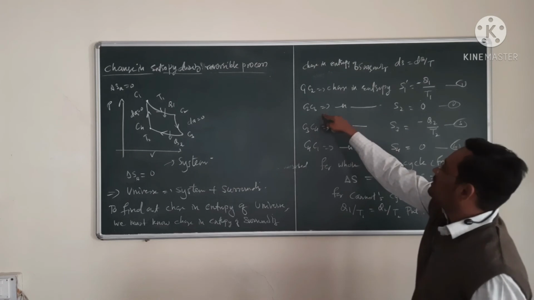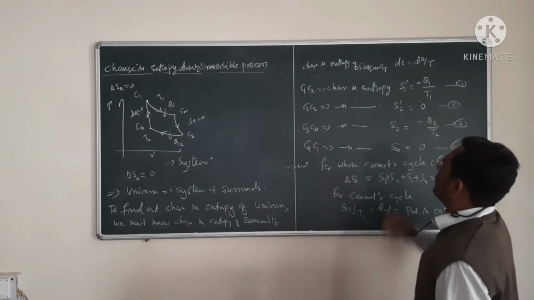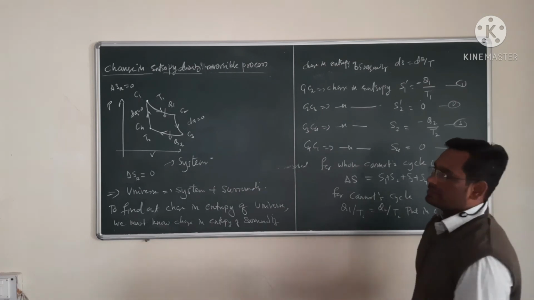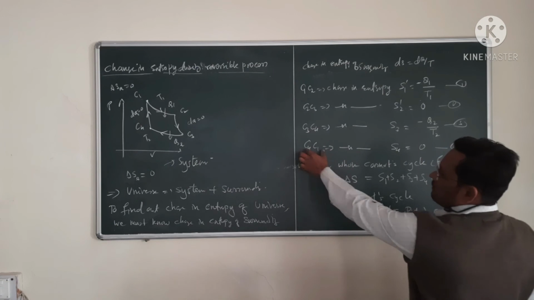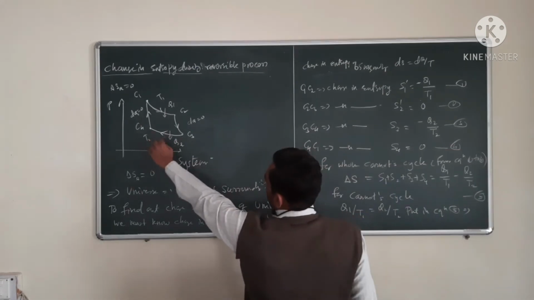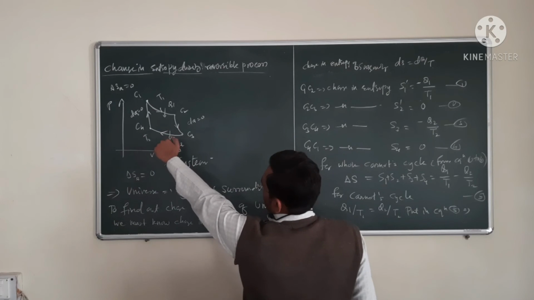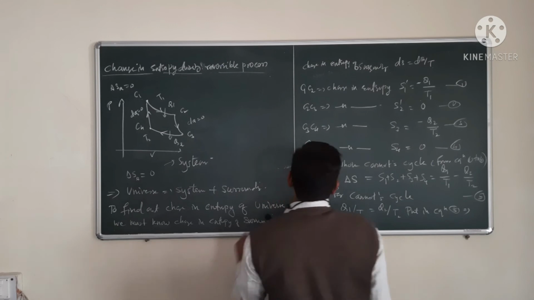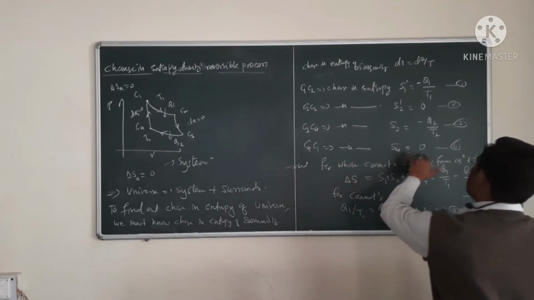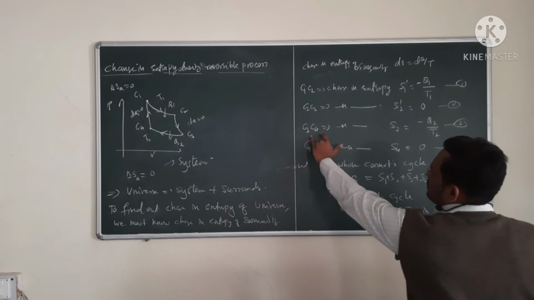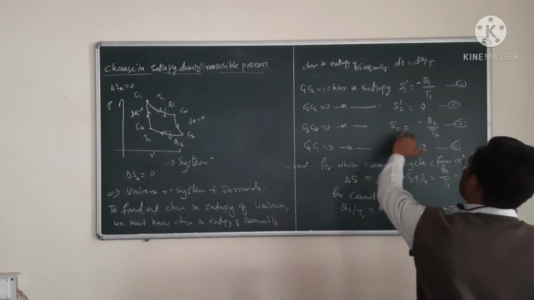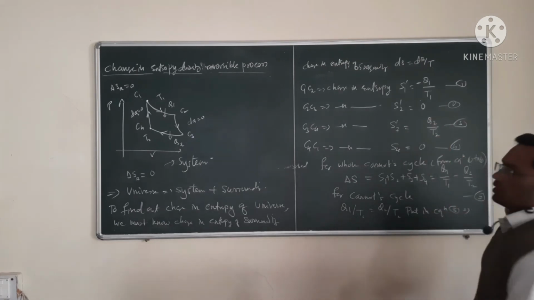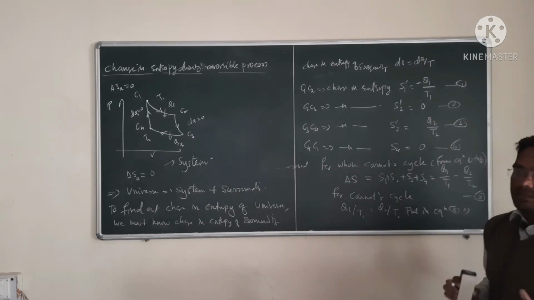Again for C2 to C3, the change in entropy is 0. Okay, let us take S2 dash for the surrounding, because it is an adiabatic process, and for an adiabatic process the change in entropy is 0. For C3 C4, Q2 amount of heat energy is rejected by the system, so it will go to the surrounding. So during C3 C4, the change in entropy S3 dash is equal to plus Q2 divided by T2, because Q2 amount of heat energy has come to the surrounding.